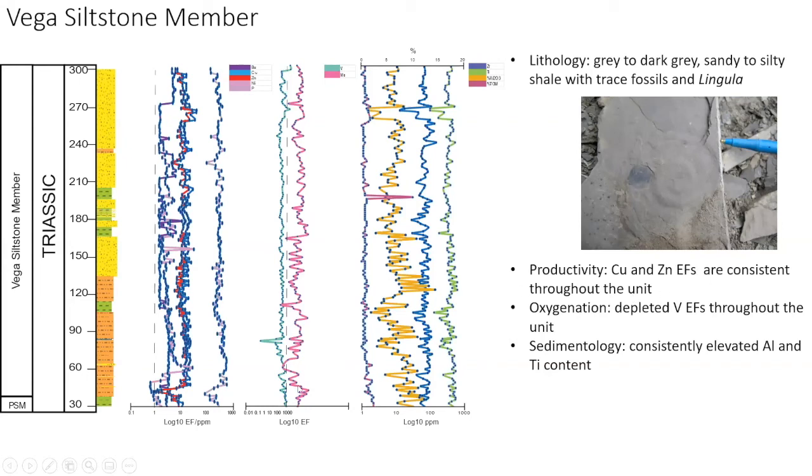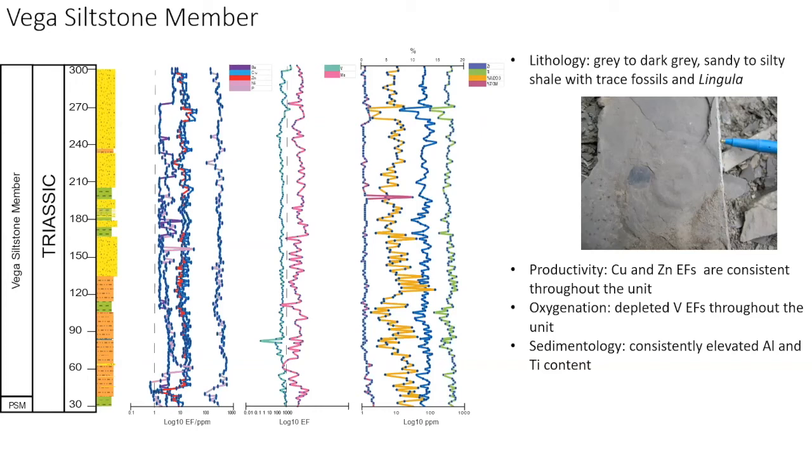So unlike the Phroso siltstone member, which is fluctuating, now we're moving into more stabilized copper and zinc values. Oxygenation, we see that vanadium is depleted throughout the entire unit. And for sedimentology, again, consistently elevated aluminum and titanium content.